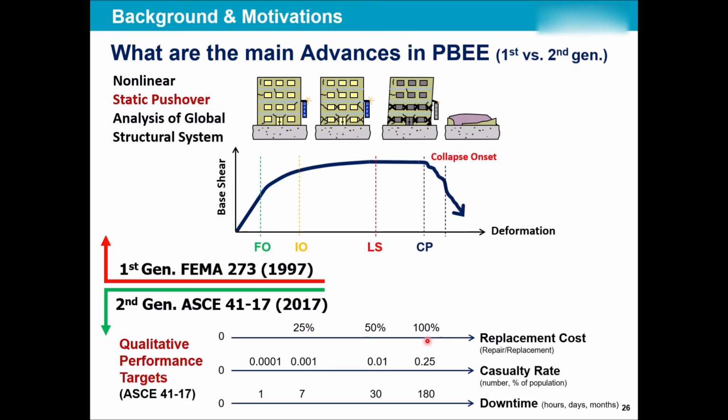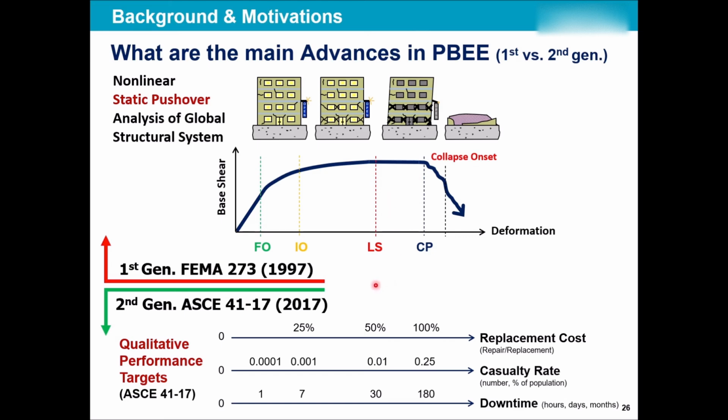You have to demolish it and rebuild it. The casualty rate is about 25%, let's say. So 25% of the occupants of the building can lose their life. The downtime, for example, can be 180 days, 180 weeks, depending on the structure. So they fully understand what they are facing.